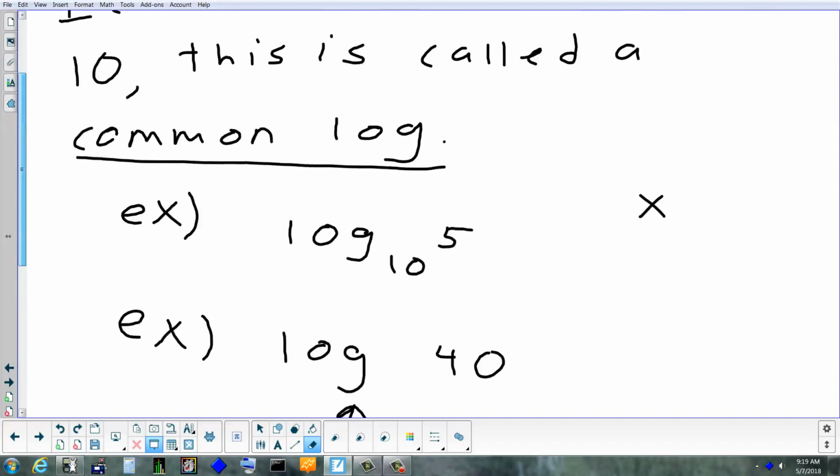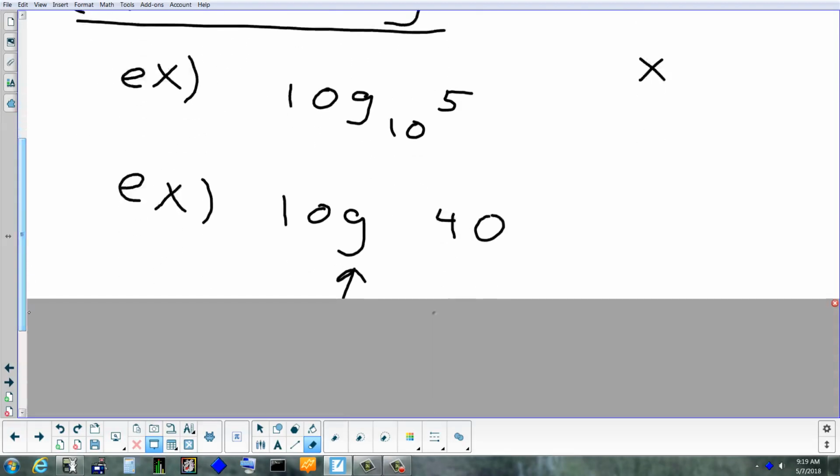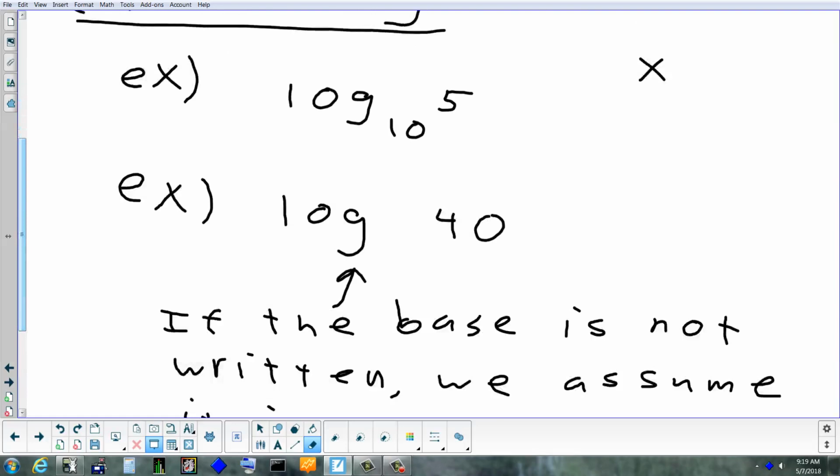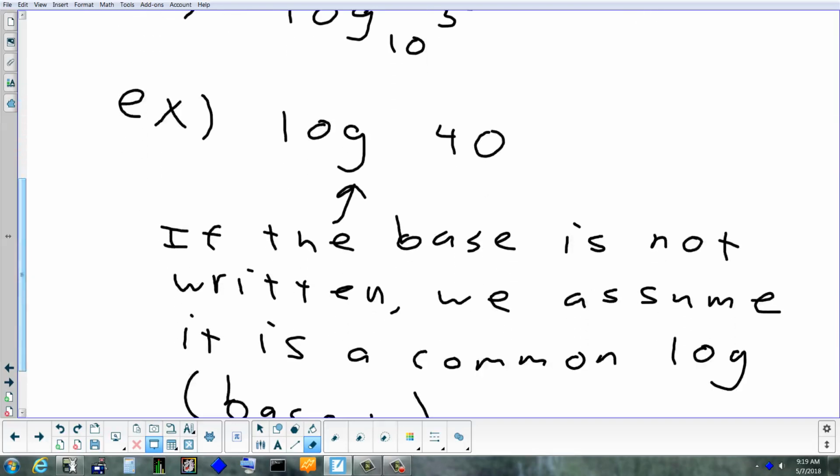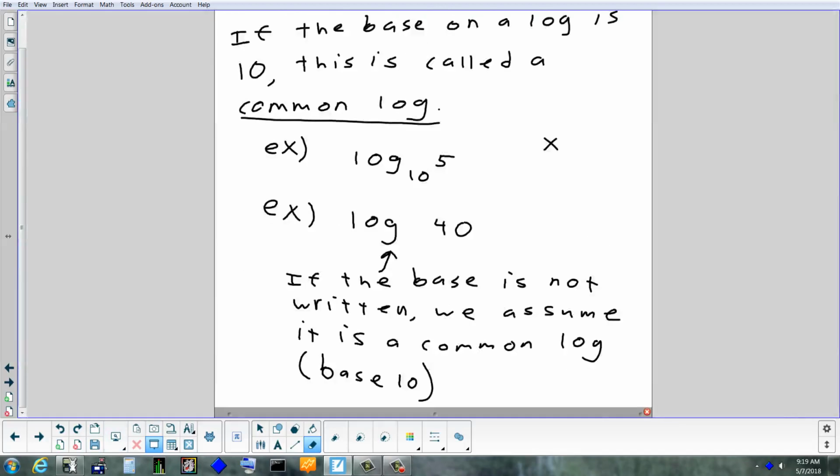We assume there's something there, right? Well, if you don't put a base, we assume that it's 10. All right, so if you just said to me log 40, I would assume that you're meaning base 10. If you didn't want base 10, then you have to tell me the base.